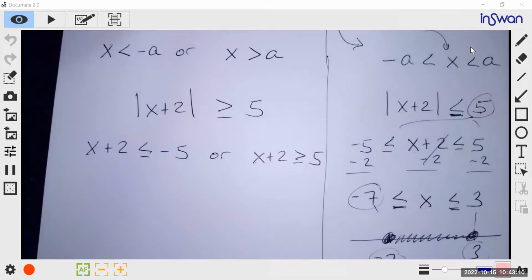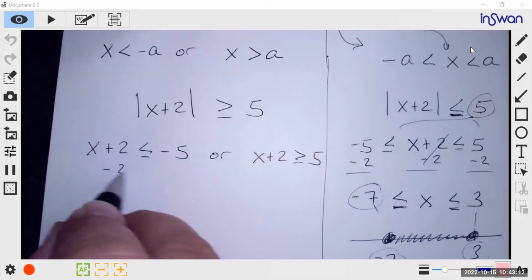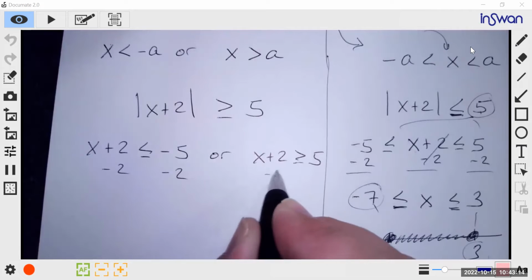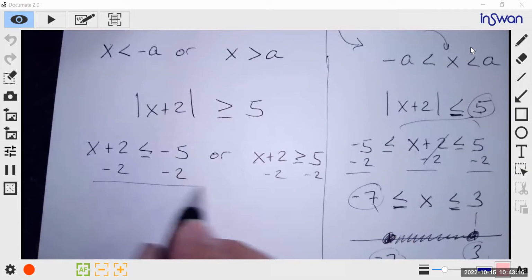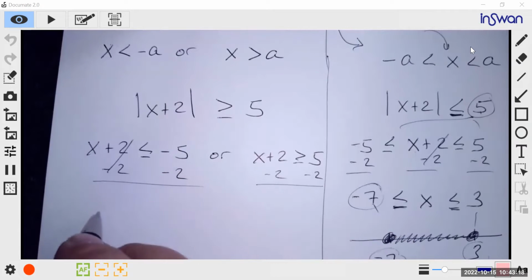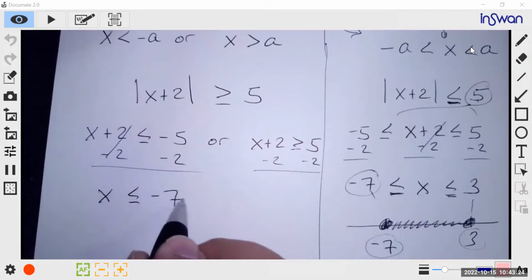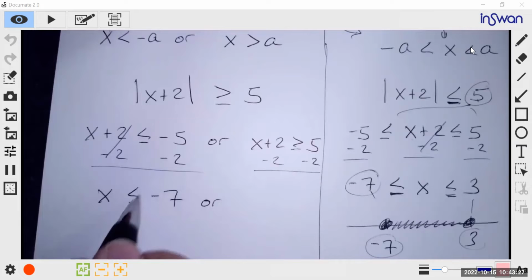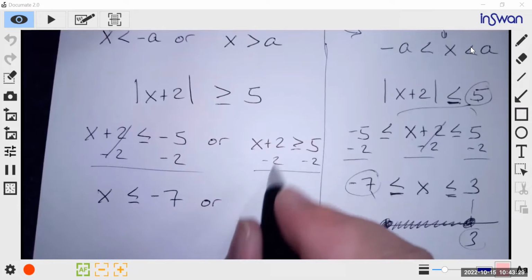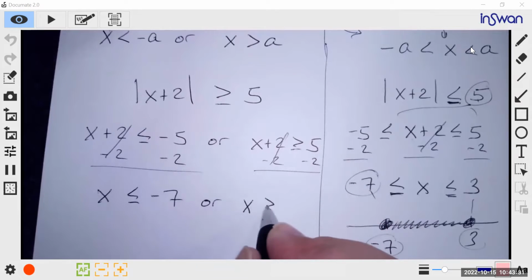So now we solve both of those separately. Subtract 2 from everybody. Negative 5 minus 2 is negative 7. So x is less than or equal to negative 7, or x is greater than or equal to 5 minus 2, which is 3.